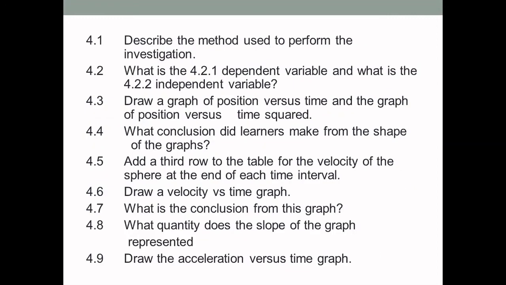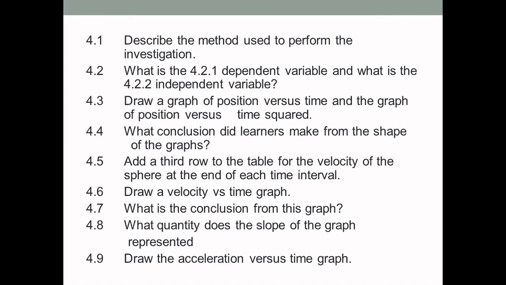Describe the method used to perform the investigation. 4.2.1 What is the dependent variable? 4.2.2 The independent variable. 4.3. Draw a graph of position versus time and a graph of position versus time squared. 4.4. What conclusion did learners make from the shape of the graphs?